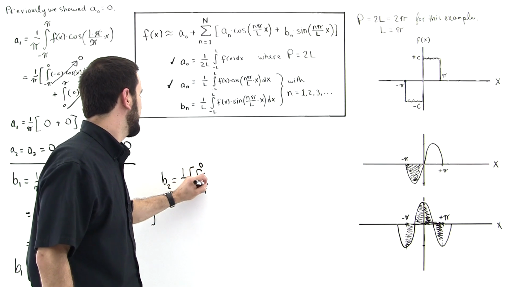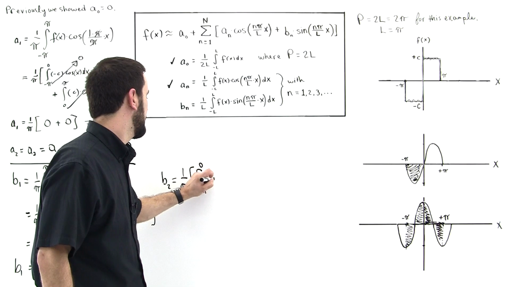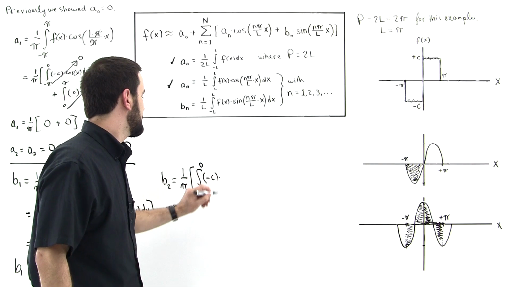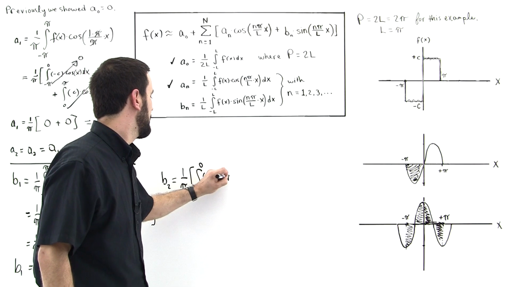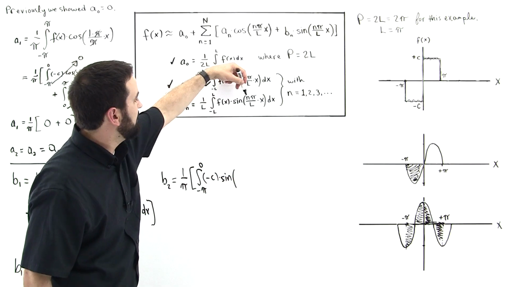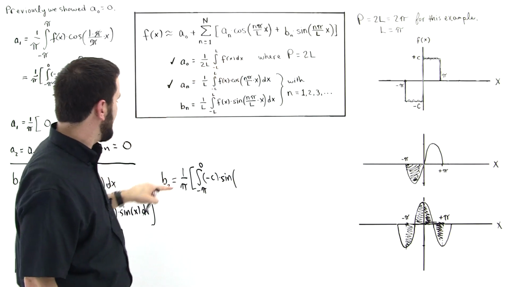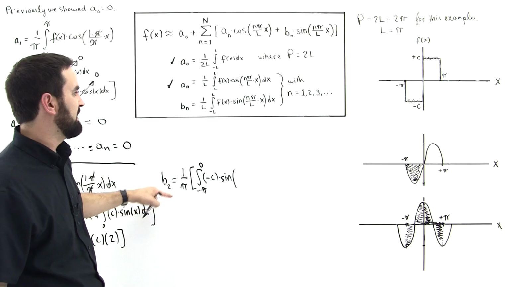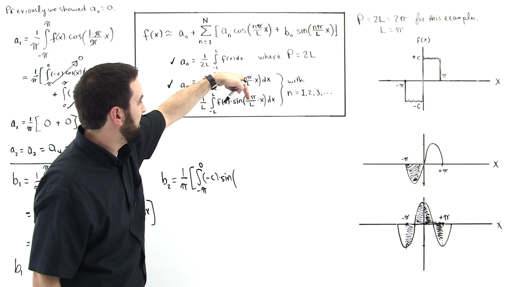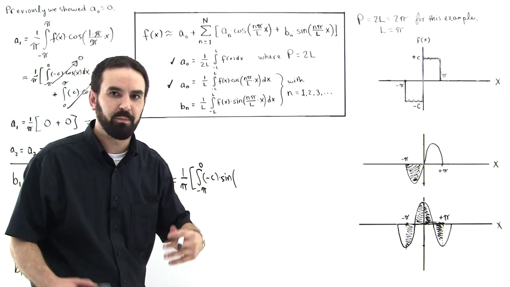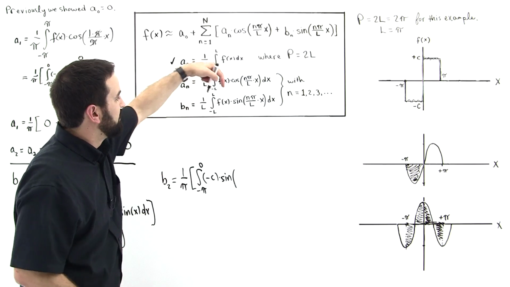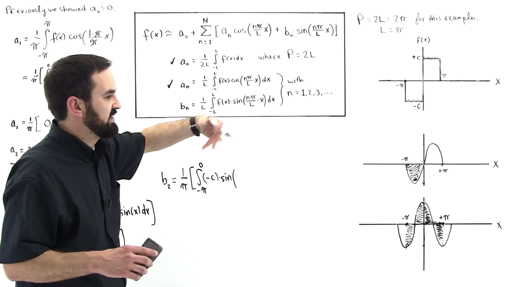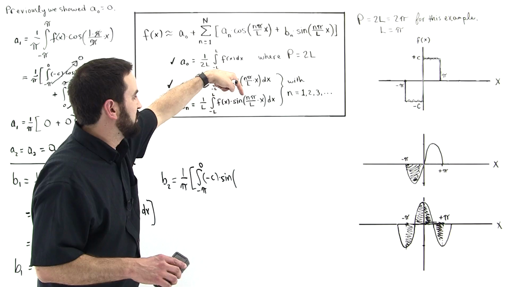Over that interval, the function value is negative c times the sine of n pi x over L. Well, n for this one, this is the second b. So this is 2 pi over pi. The pi's are canceling. The pi's are always canceling. So that's going to happen every time for this problem. So it's going to be 2x.